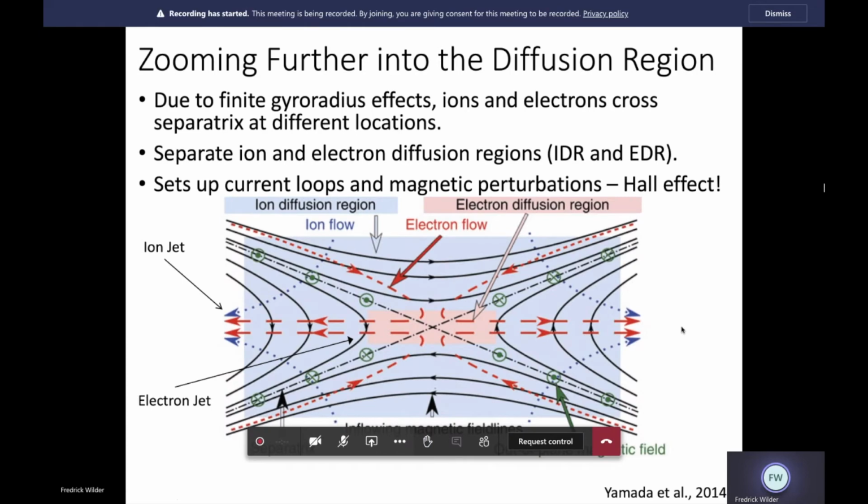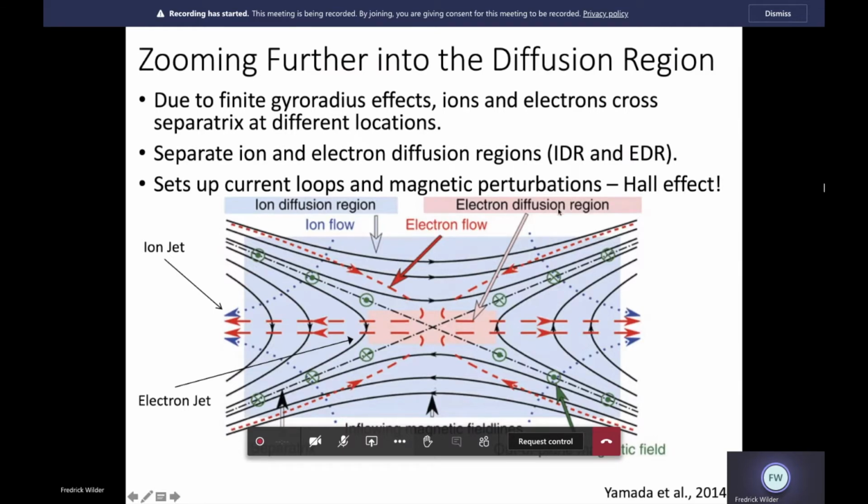So if we zoom in, what's going on in the diffusion region? That's been one of the big mysteries of reconnection that people have been trying to solve since the 40s. If we zoom in, we actually see a much more complicated picture. First off, the ions, which are typically protons in the Earth's magnetosphere, are much heavier than the electrons.